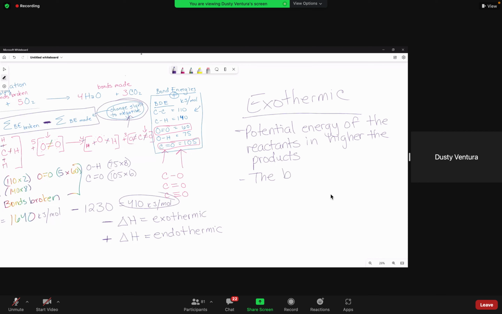Indeed. Also, the bonds of the products are stronger than the reactants. Life wants to make the stronger bonds. Life wants to exist at the lowest energy it can.